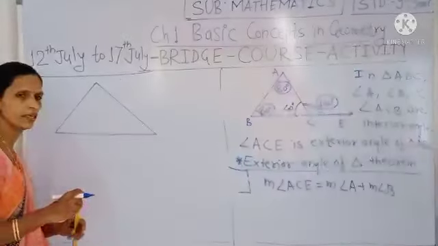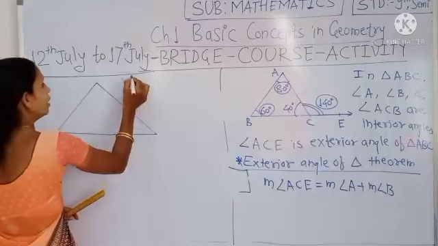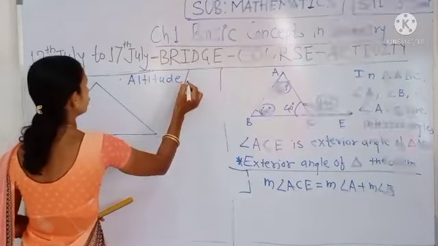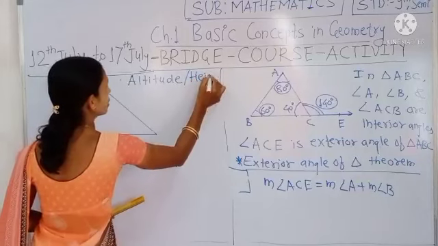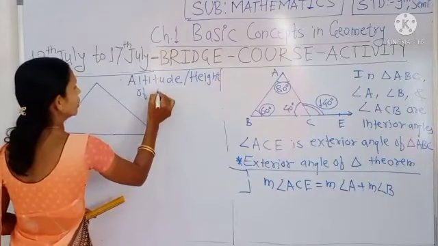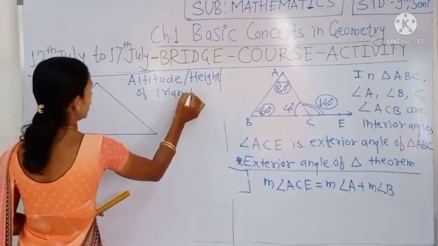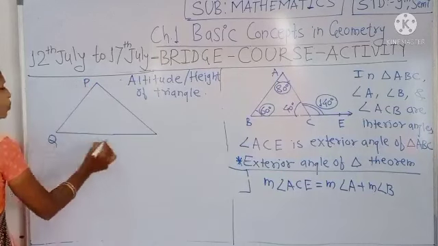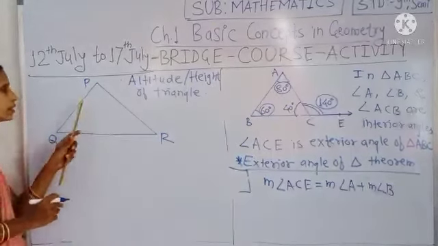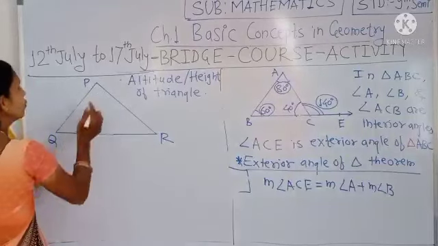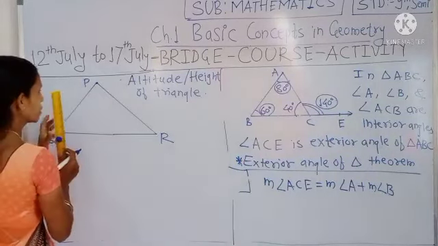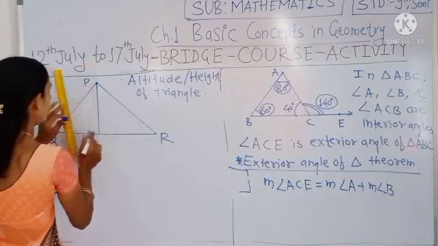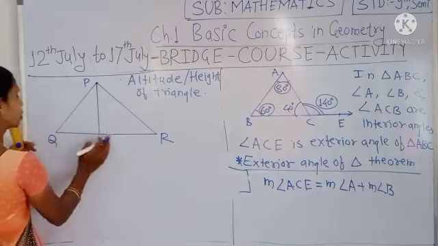Then let us remind about the altitude of a triangle, or it is also known as height of a triangle. Suppose triangle PQR, in which from the vertex P, we can draw the perpendicular on the opposite side, that is QR.